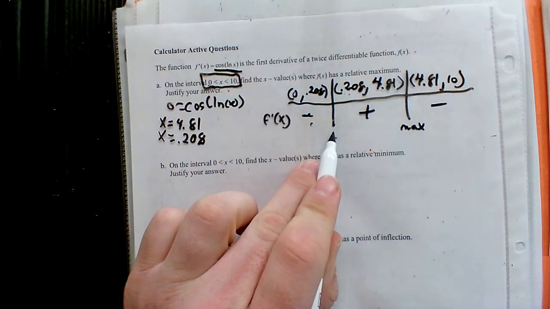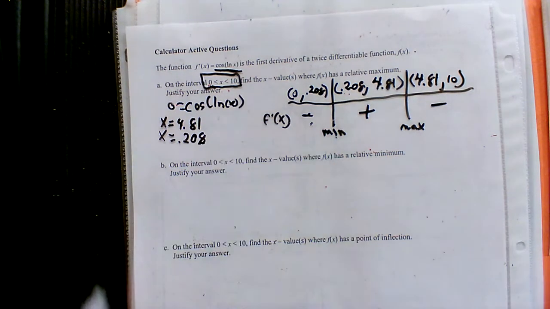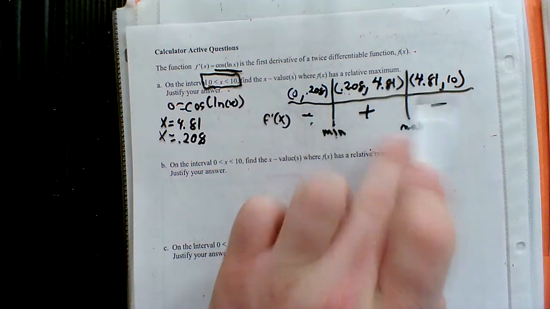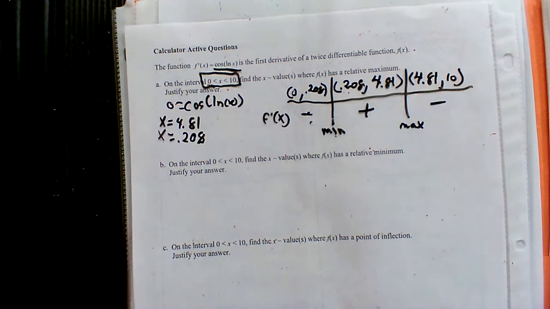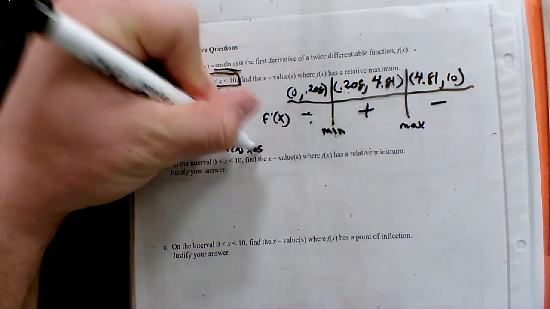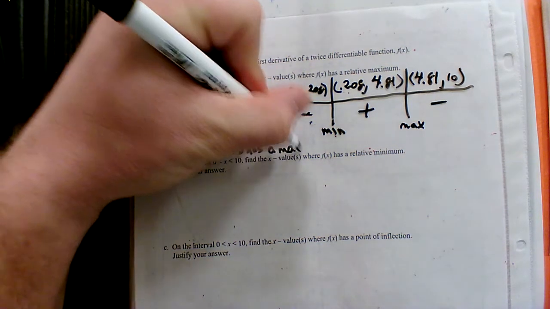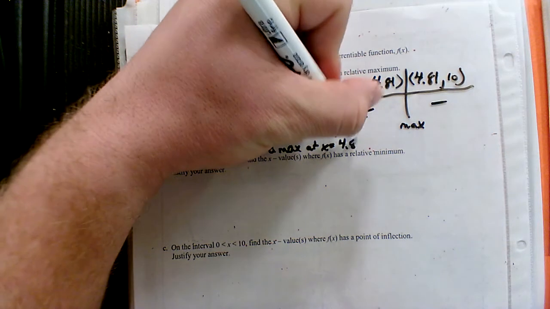So right here is a max. What's over here? A min. They don't ask about the min, but we can label it. So we would have a min at this point. We have a max at this point. So justify your answer. Well, we're going to say f of x has a max at x equals 4.81 because f prime of x does what?